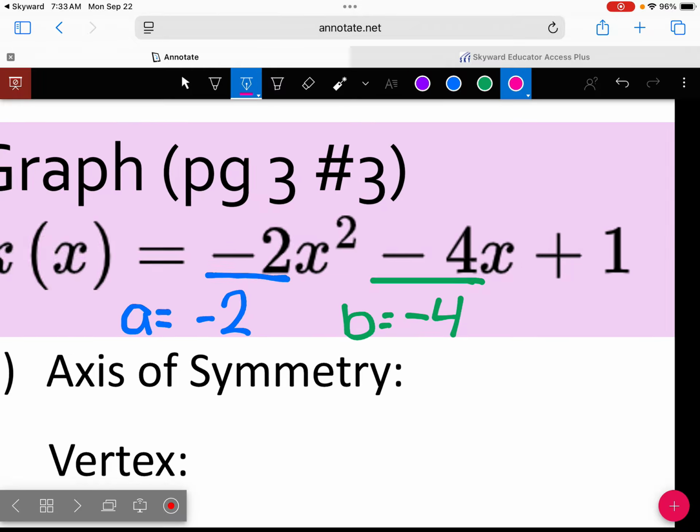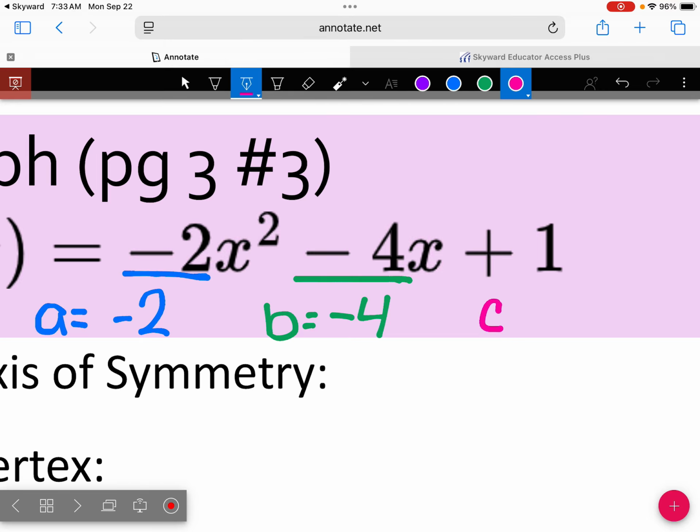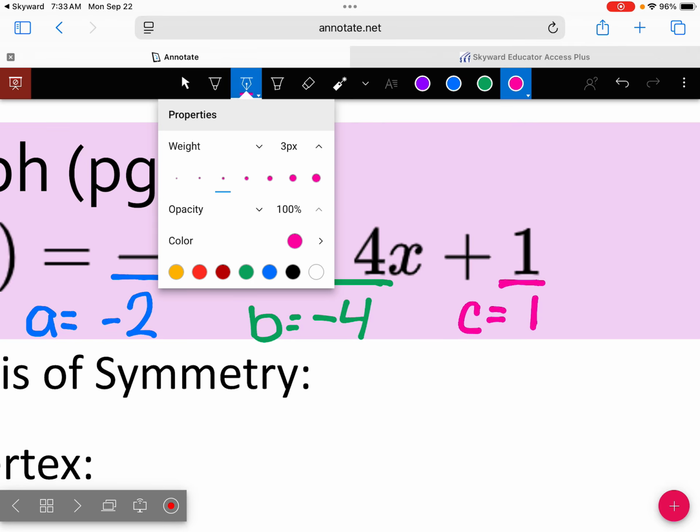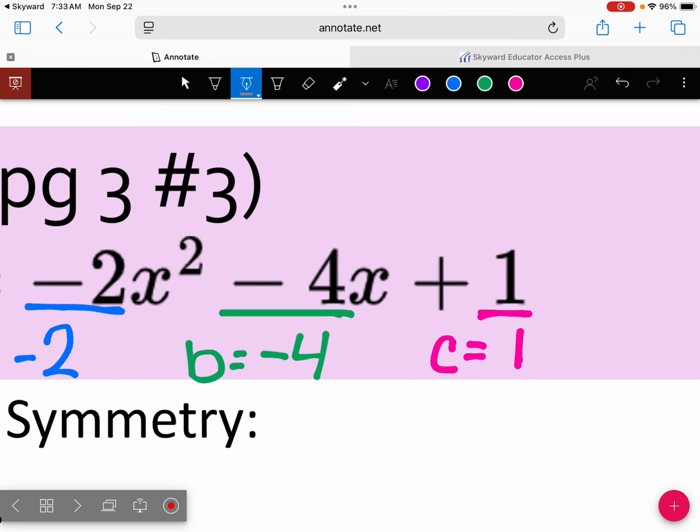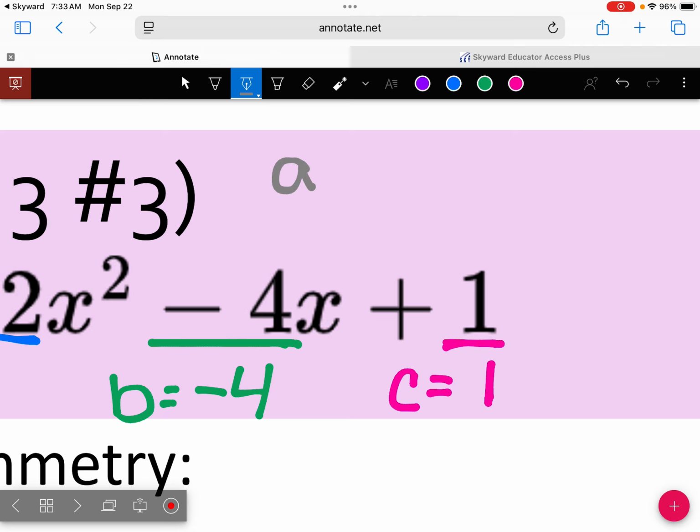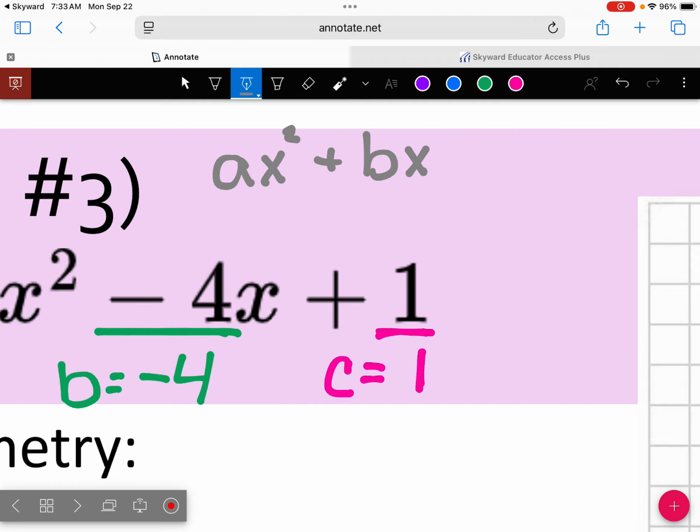And our c is the number all the way on the end that doesn't have an x with it. In this case, it's just the 1. So remember, a is always with the x squared, b is always with the just x, and c is always by himself, hanging out on his own. C is an independent letter, doesn't need an x. So we're just playing match up: finding our a from our x squared, our b with our x, and our c all by itself.